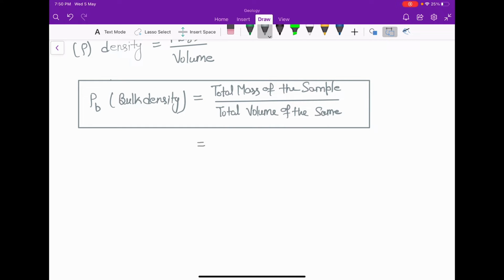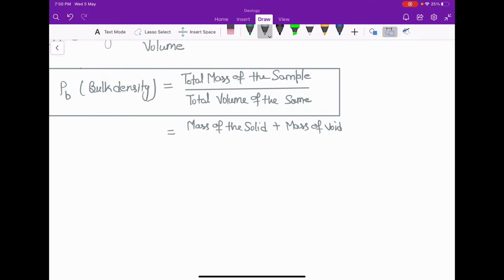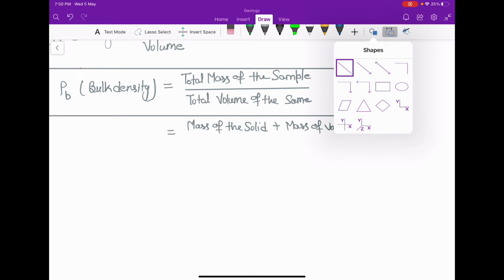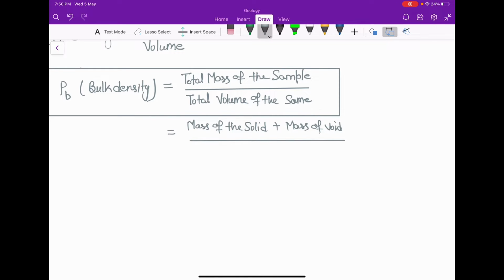So total mass will contain the mass of the solid and the mass of the void, because the sample will contain solid as well as void. The sum of both will give the total mass of the sample.